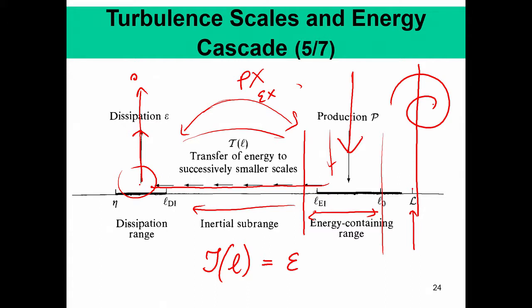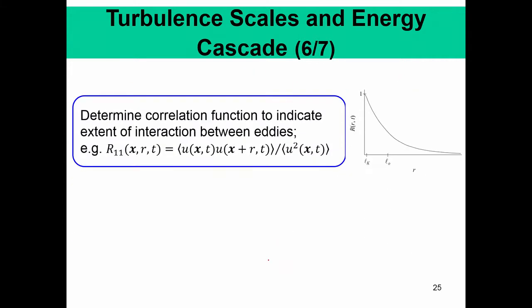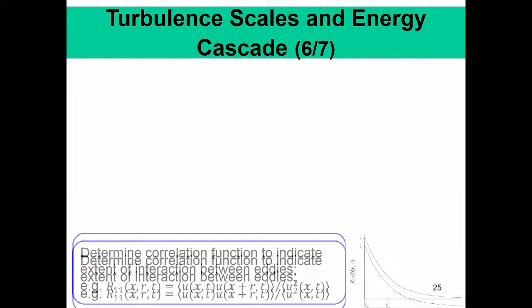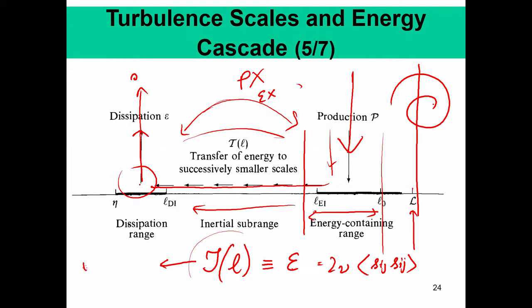Even though the dissipation itself is given by twice nu Sij times Sij, the fact is that dissipation can be equated to this transfer of energy across successively smaller scales, which is the transfer of turbulent kinetic energy across these scales. So, this is essentially independent of viscosity.